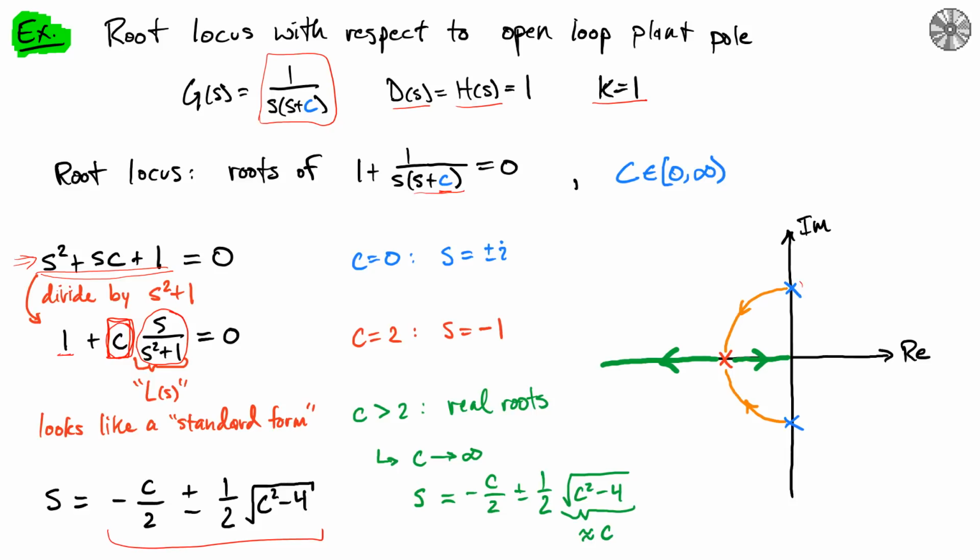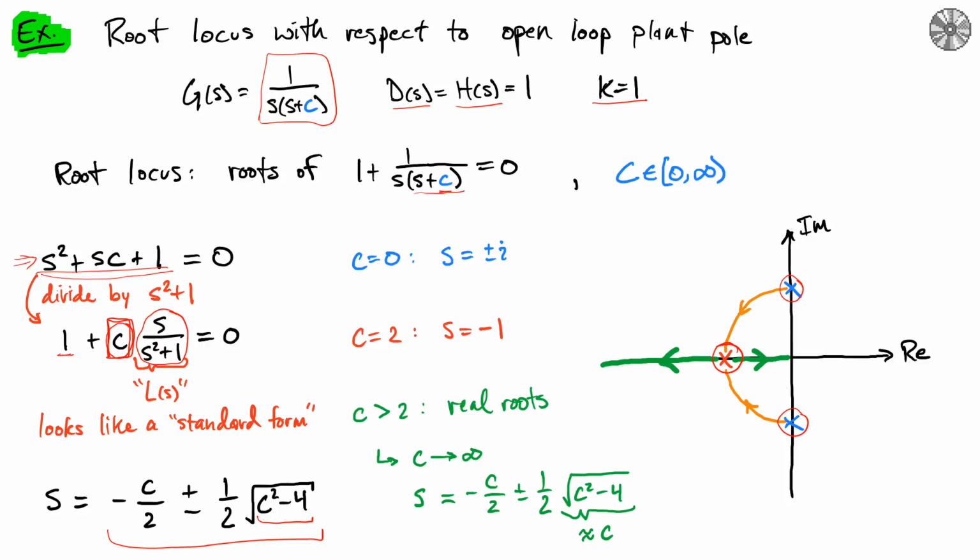So the poles start on the imaginary axis at plus or minus i, and then we notice that at C is equal to 2, that's where this radical becomes 0, and that's going to be a double root. And a double root is always going to be real, and it's going to be real at minus 1. And so we get a double root at this point. And then as soon as C is greater than 2, then we always have real roots.